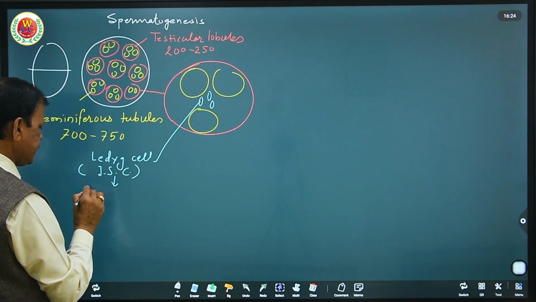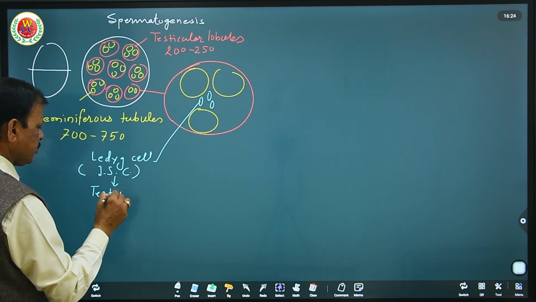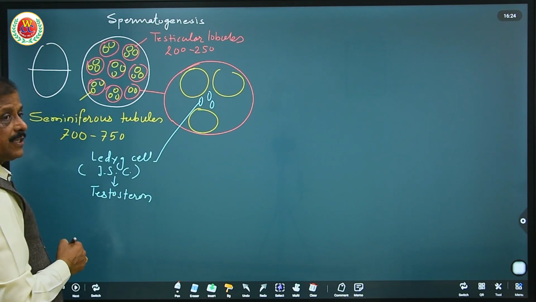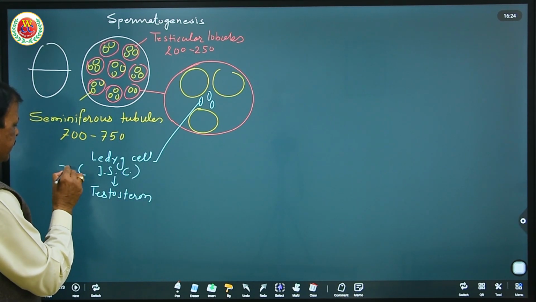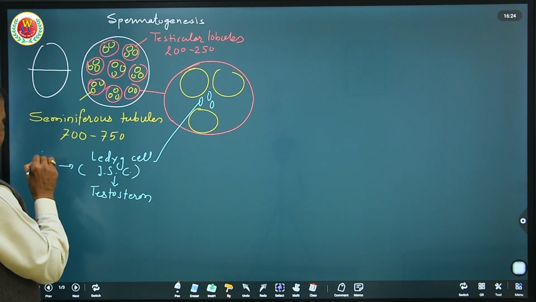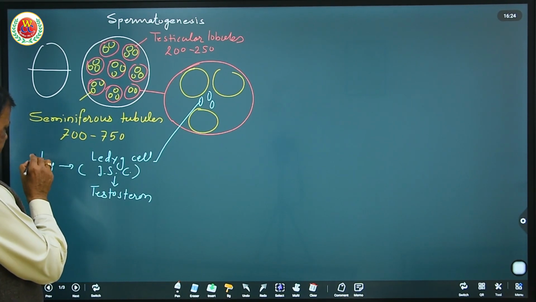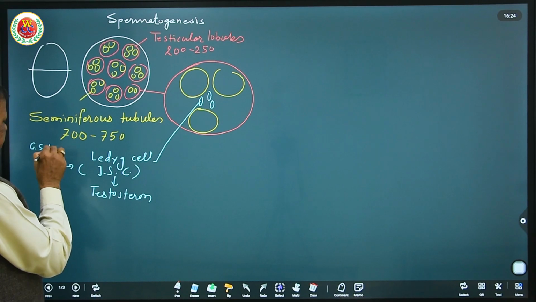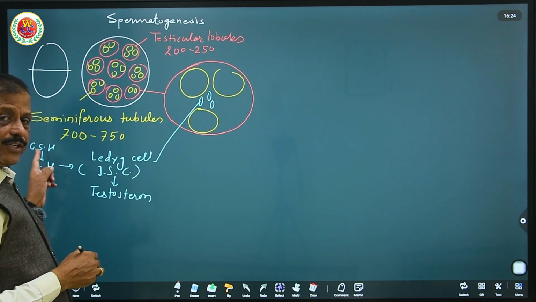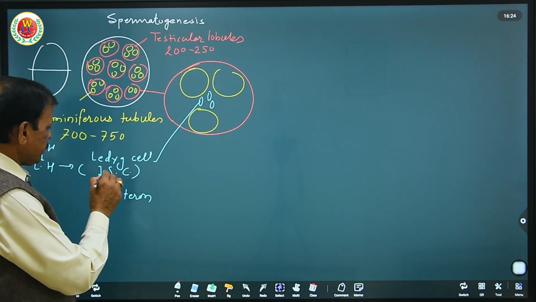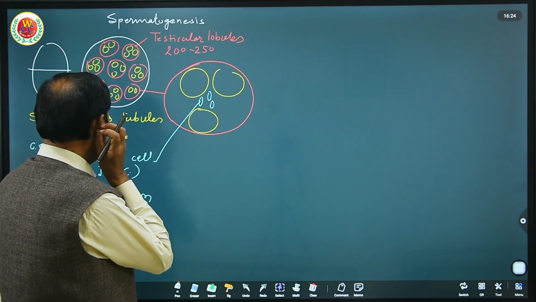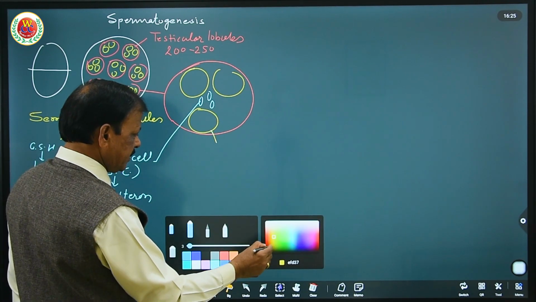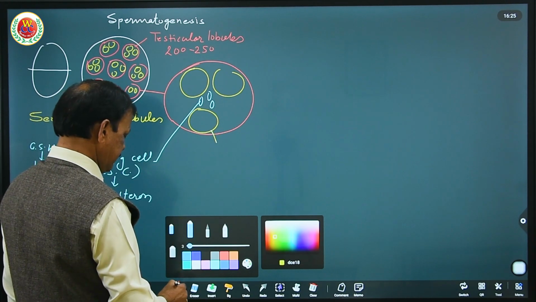These interstitial cells produce testosterone. They are stimulated by luteinizing hormone, one of the gonadotropic hormones produced in the pituitary.